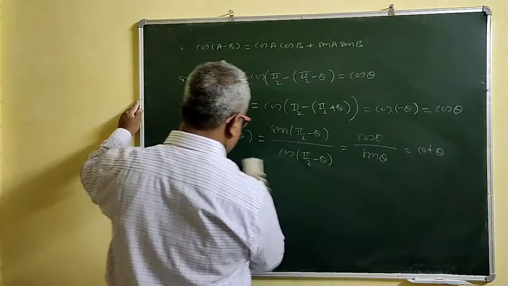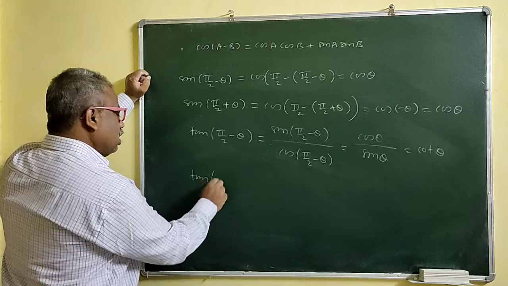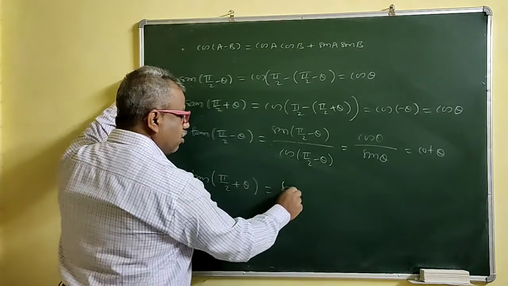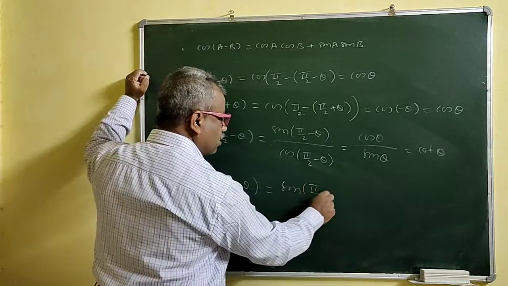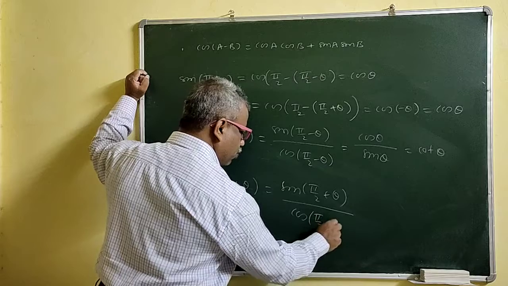Right? So now we'll find tan of pi/2 plus theta. So this is sin(pi/2 plus theta) upon cos(pi/2 plus theta).